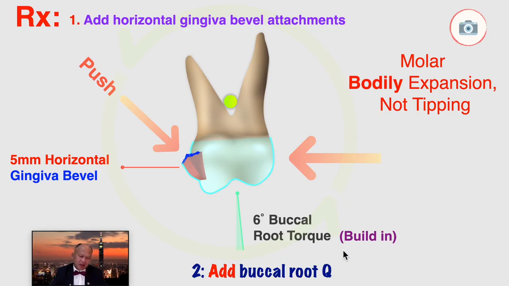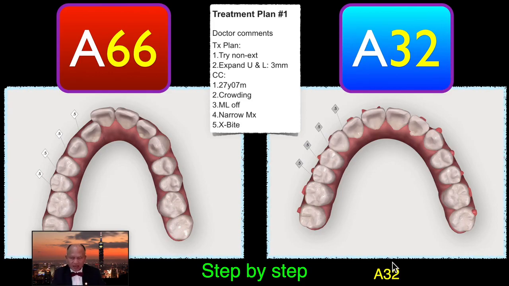If you want to add 3 or 4, that's fine. 8 or 9 is still okay. But based on my experience, I think 3-degree buccal root torque should be sufficient in this case. That would depend on whether this is an adult case or a kid, or how many millimeter you're going to expand in that case. Think about it.